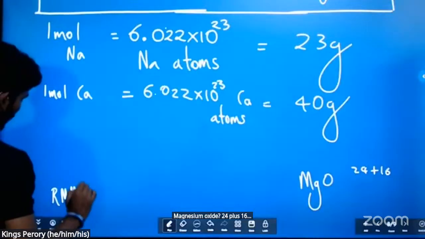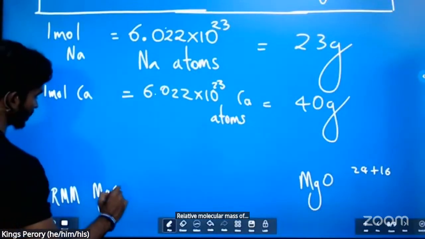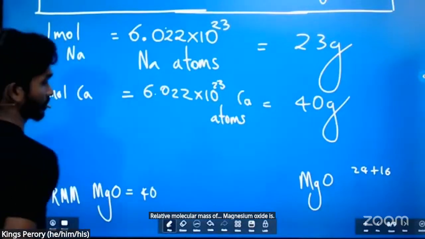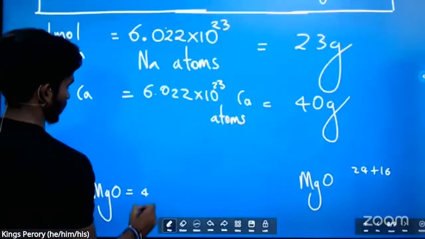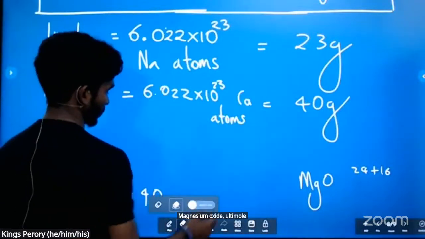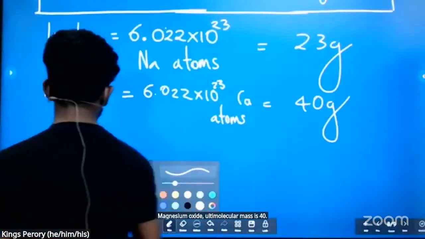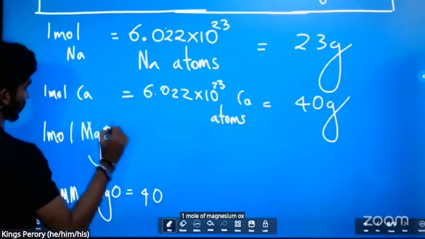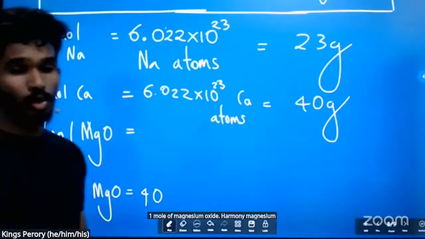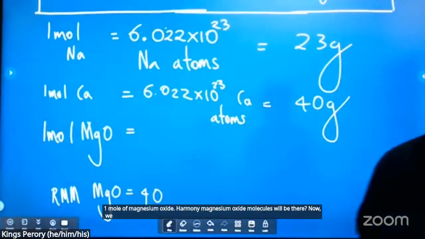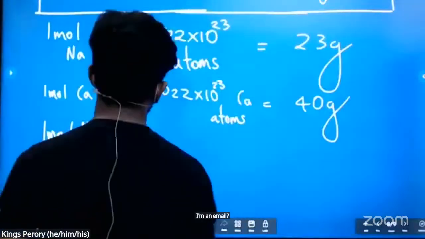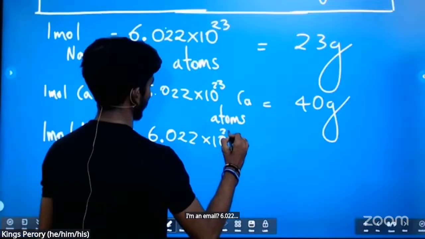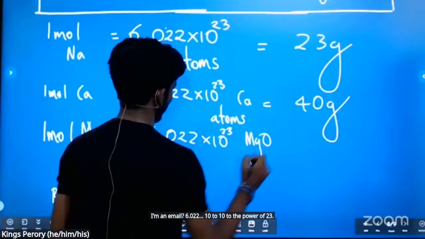Relative molecular mass of magnesium oxide is 40. Tell me the logic. 1 mole of magnesium oxide: how many magnesium oxide molecules will be there? Now we talk about molecules. How many molecules? 6.022 into 10 to the power 23 magnesium oxide molecules.